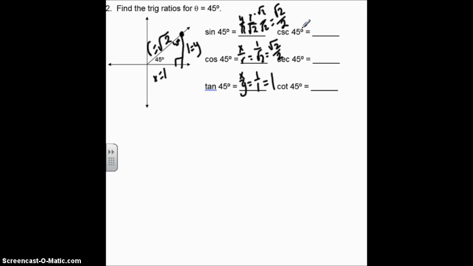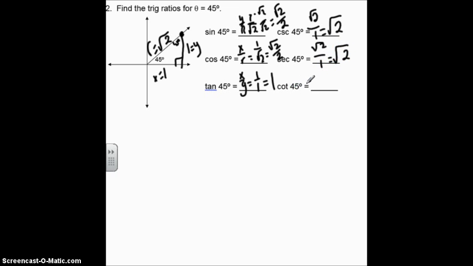Cosecant of 45 degrees, well, we do the reciprocal and we get the square root of 2 over 1, which is the square root of 2. Secant of 45 degrees, we do the reciprocal of cosine, and we get the square root of 2 over 1, which is the square root of 2.